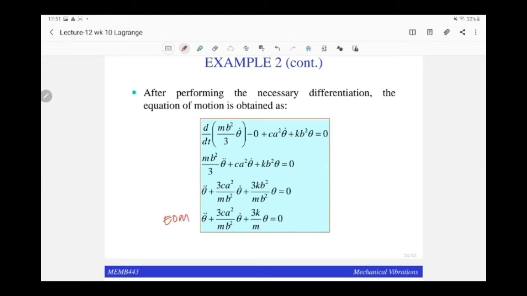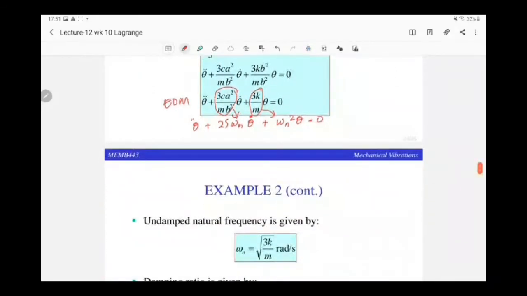Rearrange such that you have it in this form, very similar to theta double dot plus 2 zeta omega n theta dot plus omega n square theta. This is the generic form. You can match up all the coefficients as equivalent values to get all the parameters, because you want omega n and also your zeta.